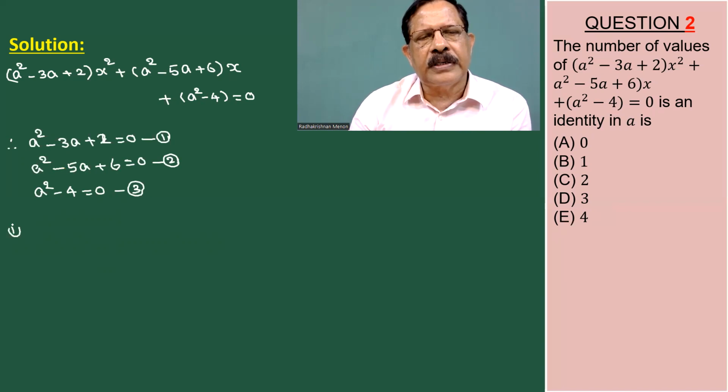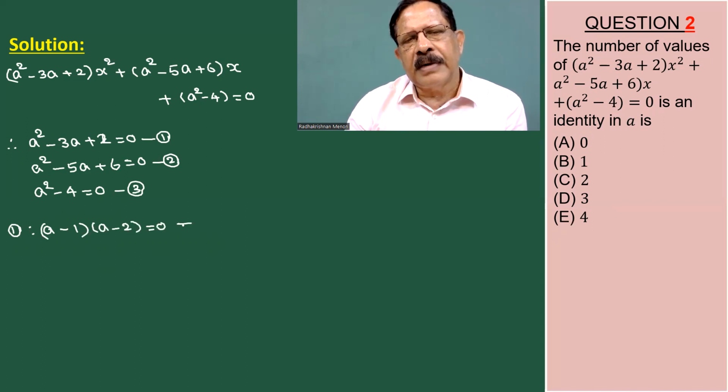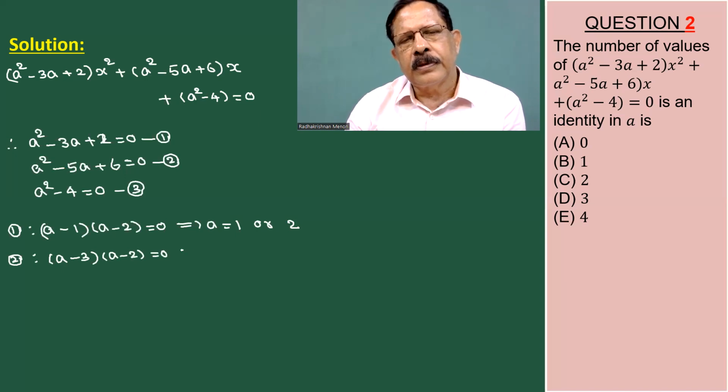Now, from the first equation, we solve it. So it is a minus 1 into a minus 2 equal to 0, which implies a equal to 1 or 2. Second one, a minus 3 into a minus 2 equal to 0. So which implies a equal to 3 or 2.